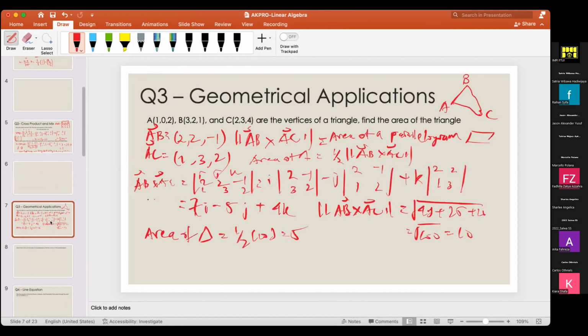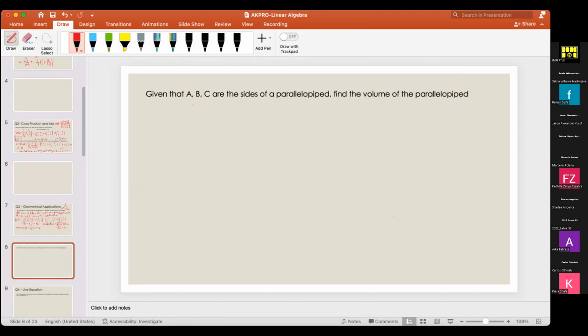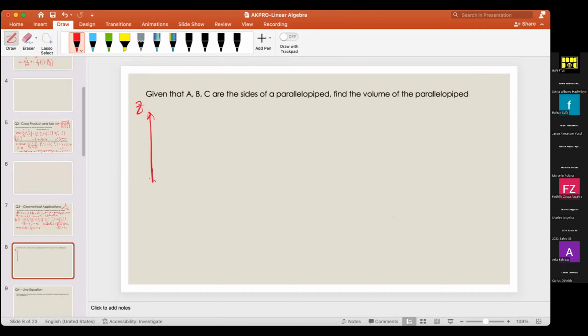Where ABC are the sides of a parallelepiped. And the parallelepiped looks something like this. This is Z. This is Y. This is X. This is the origin.